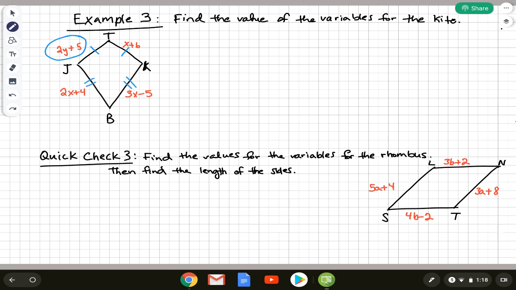So I'll start with the bottom two and say 2x plus 4 equals 3x minus 5. And then I would solve that equation. So I would end up with x equals 9. And then I can use the top two sides and say 2y plus 5 equals x plus 6, but I can put in that 9 for the x.